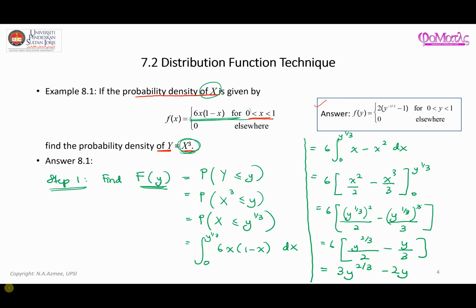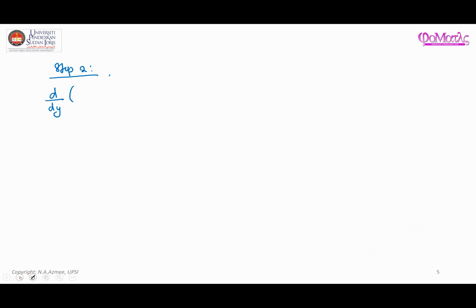I'm going to differentiate the function. What is the function? The function is this one. We're going to differentiate this. The result here is going to be, if you differentiate this part here, you get a constant 3 outside, and then you multiply that with the constant 2 over 3, y.